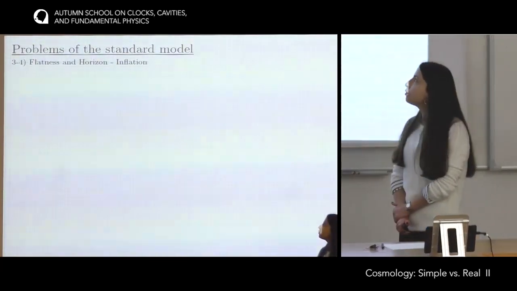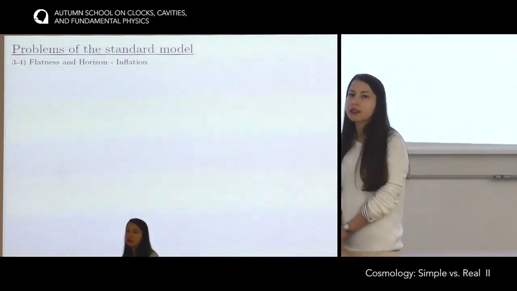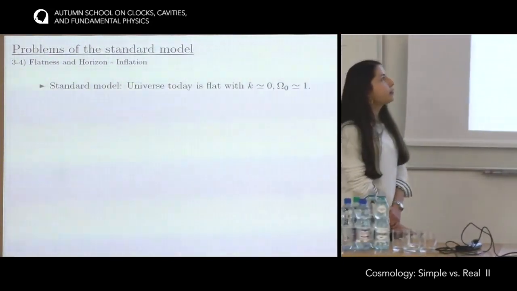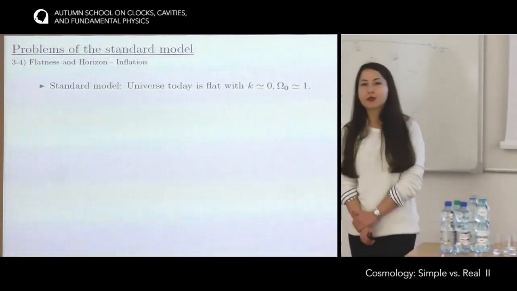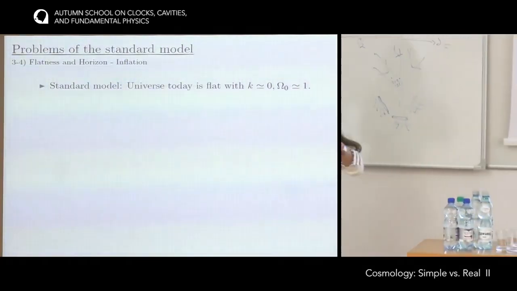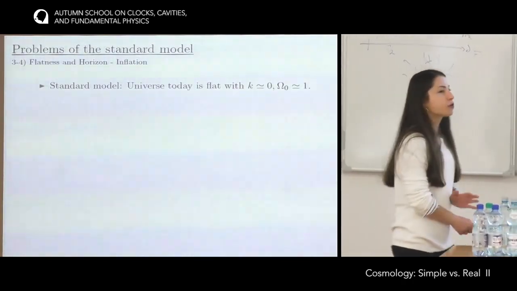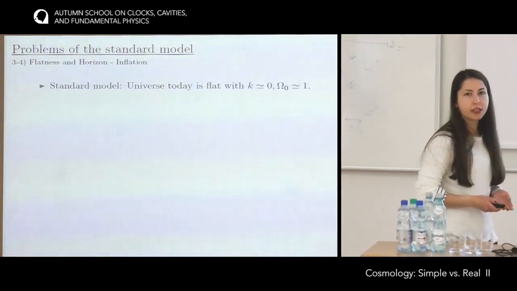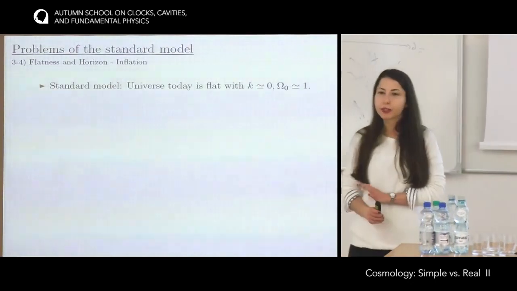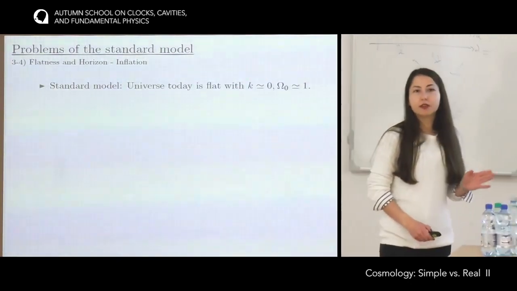The third problem has to do with the inflation phenomenon, and it brings the old flatness and horizon problems. The standard model, as I tried to explain yesterday, tells us that the spatial sections of the universe are almost flat, not exactly flat, and the energy density of the universe is close to the critical density. That is the value we have today.